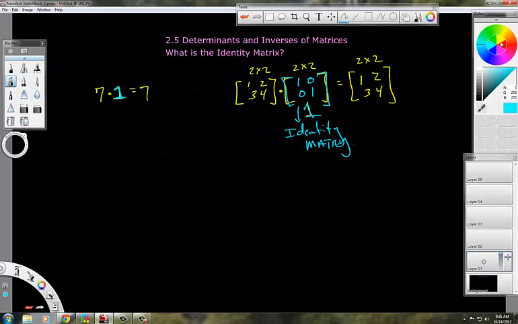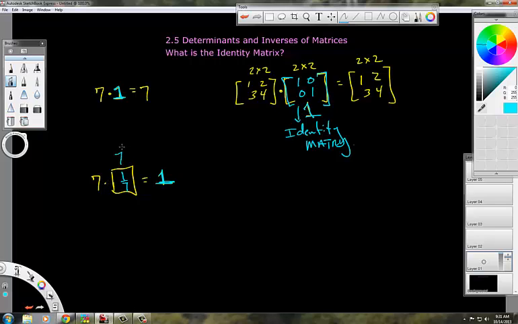Now, here's concept number 2. If I go back to the number 7, and I multiply it by some mystery number, I get the number 1. So in other words, 7 times what is 1? Well, that would be, of course, the reciprocal of 7, which is 1/7.